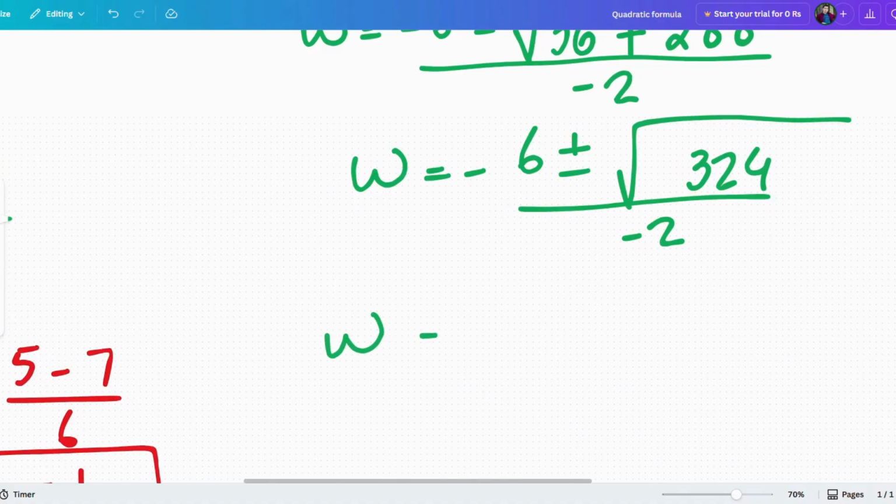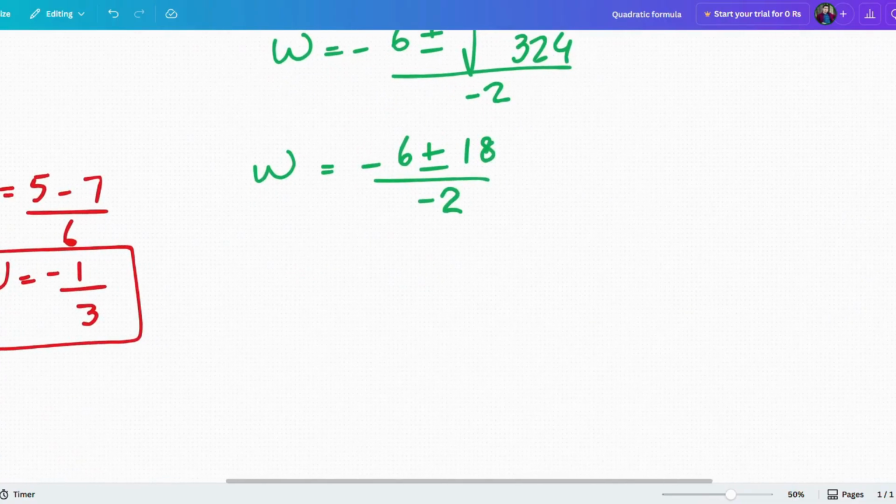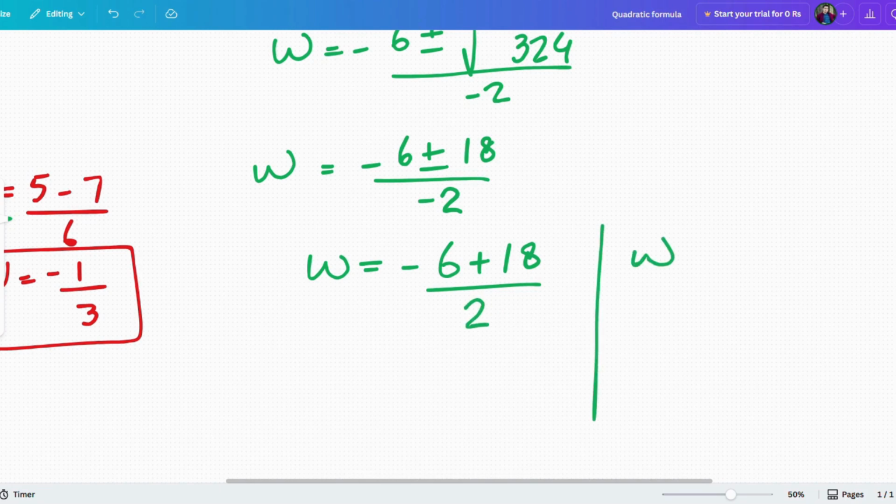Now w is equivalent to minus 6 plus minus 18 over negative 2, right? So now I'm going to be getting two possible answers: minus 6 plus 18 over negative 2, and w equals minus 6 minus 18 over negative 2.